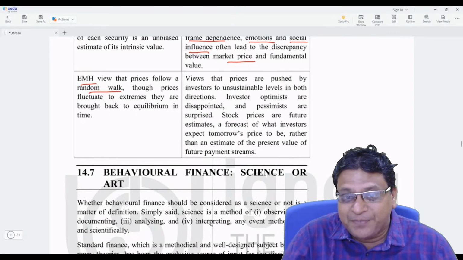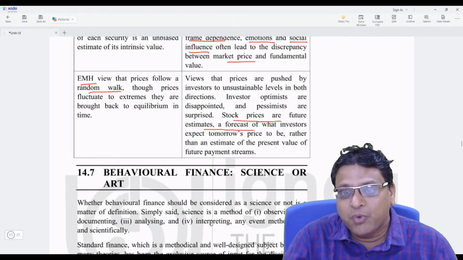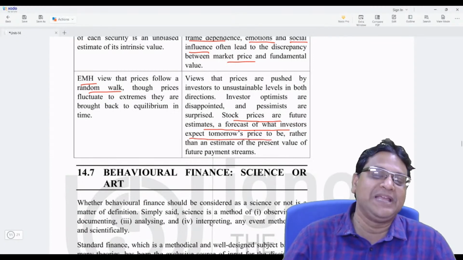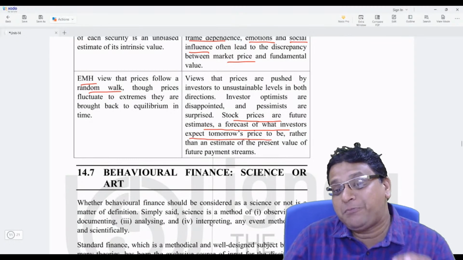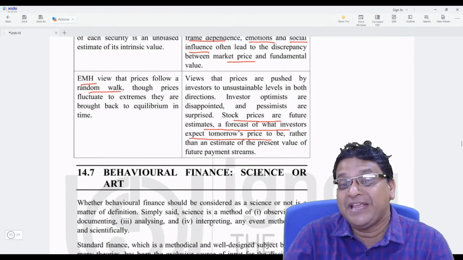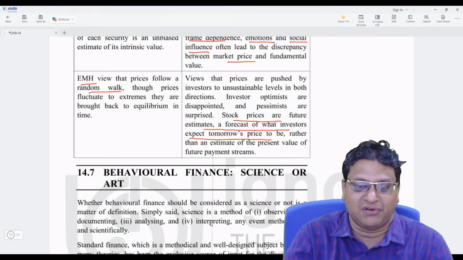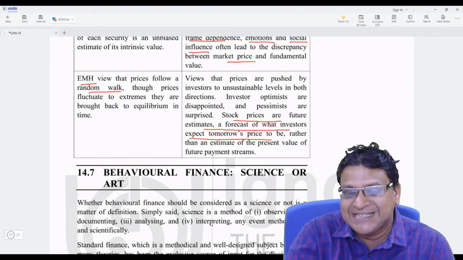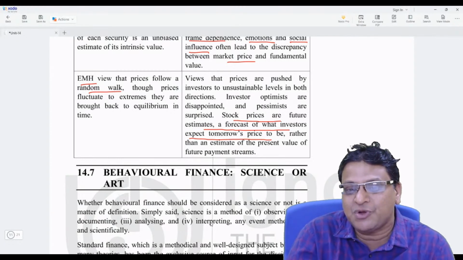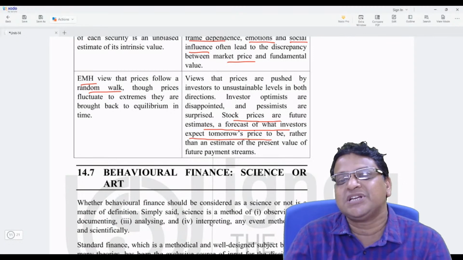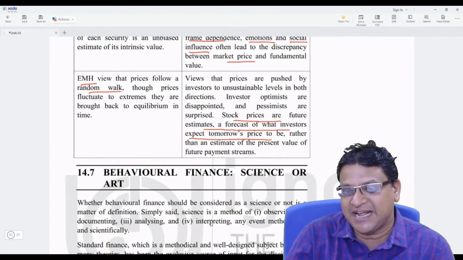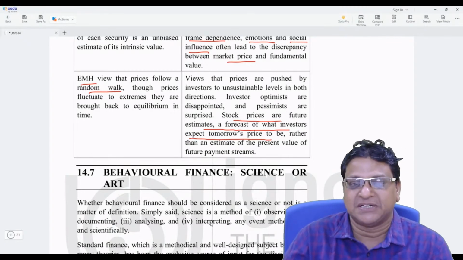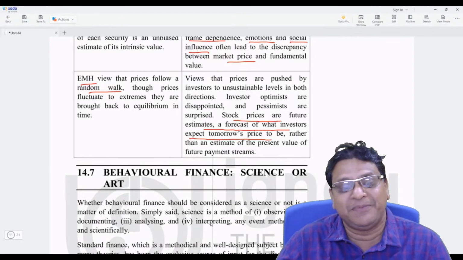Stock prices are a forecast of what investors expect tomorrow's price to be, so people's expectations influence the price of the stock. But traditional finance tells that the price of a stock is the present value of future payments associated with the stock. Behavioral finance tells that stock prices are a forecast of what investors expect tomorrow's price will be.